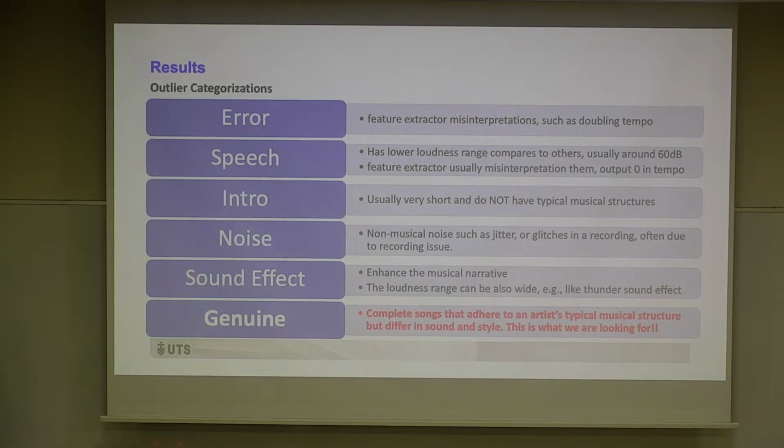For the outlier categorization, we found six types of outliers: error, speech, intro, noise, sound effect, and general. Errors are normally due to feature extraction misinterpretation, such as double tempo and maybe noise.